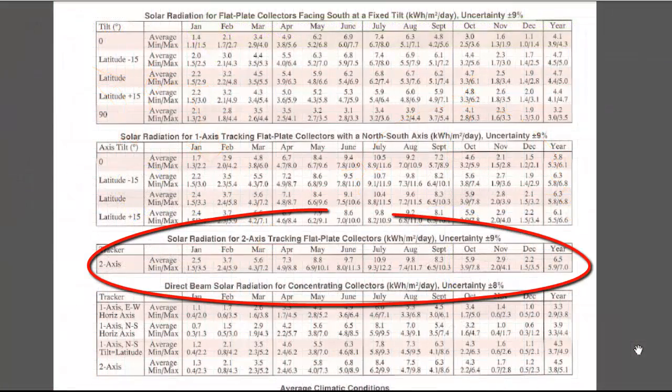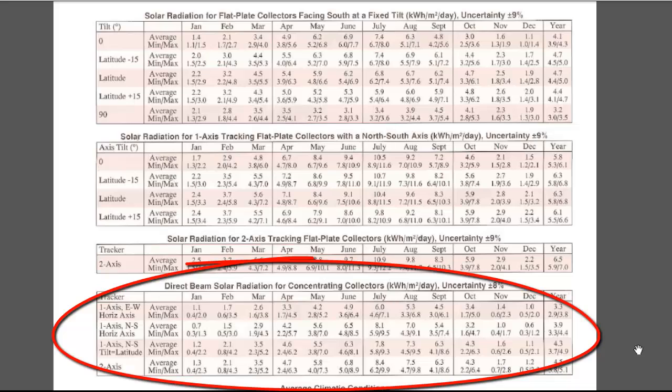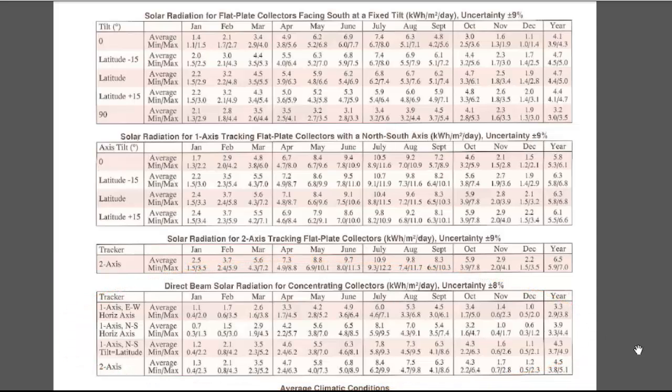The next dataset deals with dual axis trackers, which continually track both orientation and elevation of the sun by both revolving and tilting. Realize a flat plate collector uses both the direct and diffuse contributions of light. However, our fourth dataset uses a concentrating collector, which uses only the direct portion of light. Think of a parabolic dish, which concentrates all incoming direct energy to a single point.